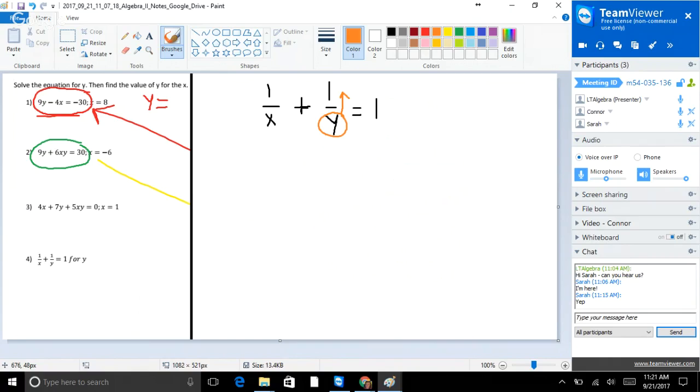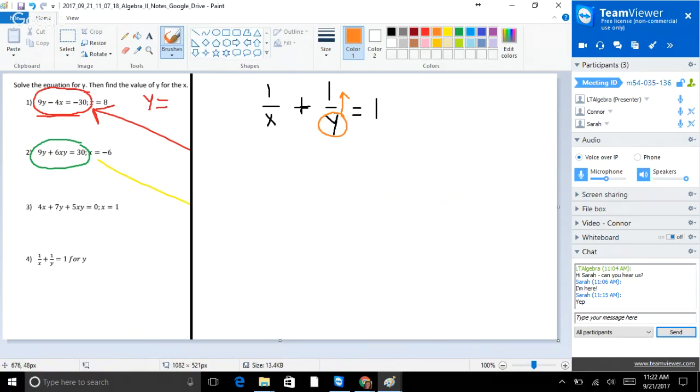But if we could get it out of the denominator, that's going to help us a whole lot. So our goal whenever you see a y in the denominator that you want to solve for is to get it out of there. So what are our options? Our options are to multiply by something that's going to pull it out.